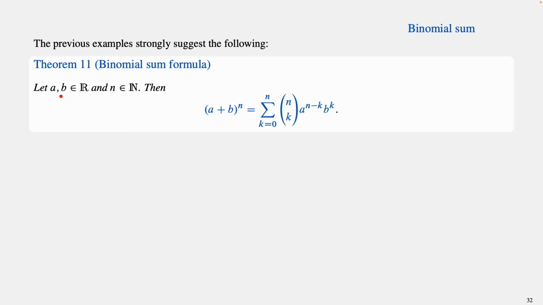So for two real numbers a and b and some natural number n, we have that a plus b to the power of n equals the sum from k equal to 0 to n of n over k times a to the power of n minus k times b to the power of k.